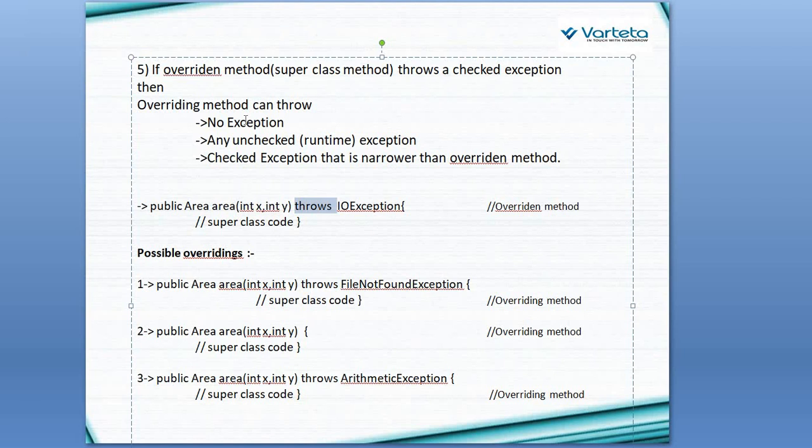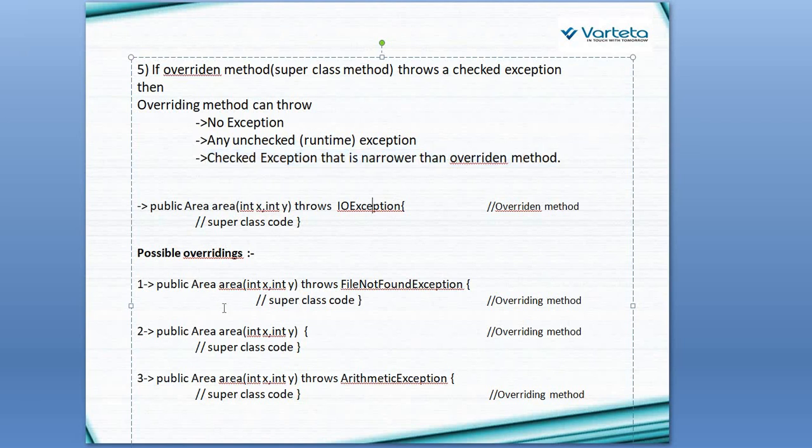We'll understand them one by one. In the overriding method, the first possibility is that we should not throw any exception. Second, it can throw any unchecked exceptions. Third, it can throw only a checked exception that is narrower than the overridden method's.